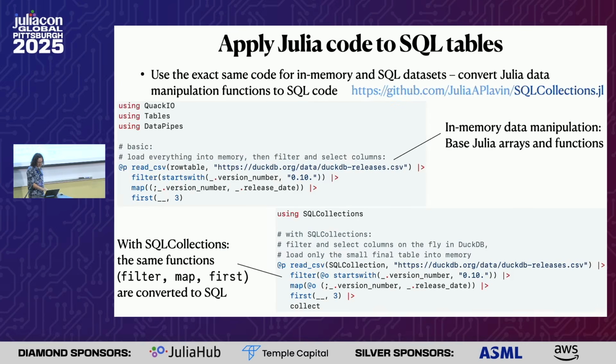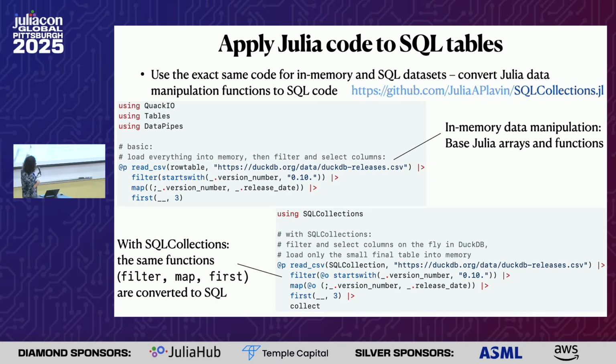And I think this will be the last specific use case. Given that optics are just functions that are not opaque like lambda functions, but inspectable. They are just objects like composed functions and Base.Fix and whatever. There is also a thin layer, SQLCollections.jl, that converts this code, using just everything in memory, using base Julia functions and CSV reading.